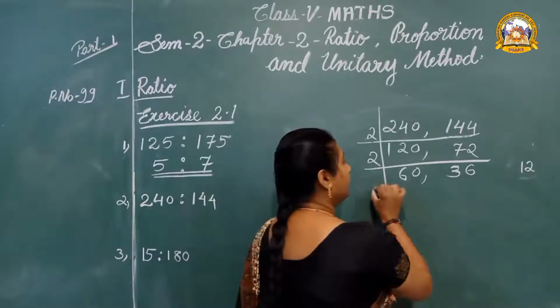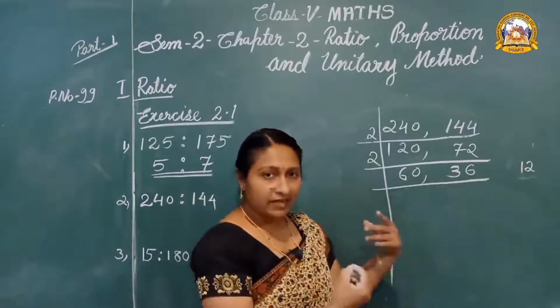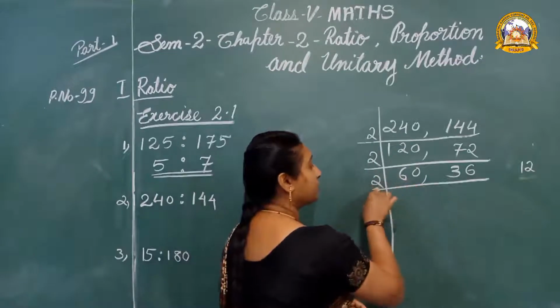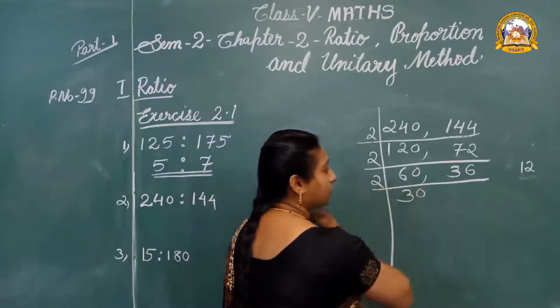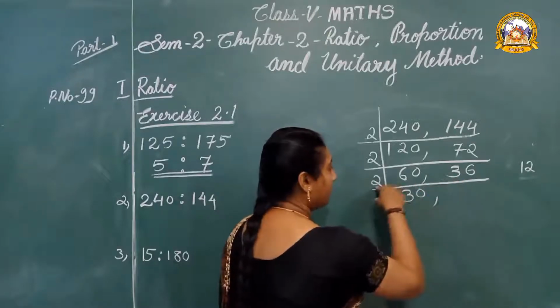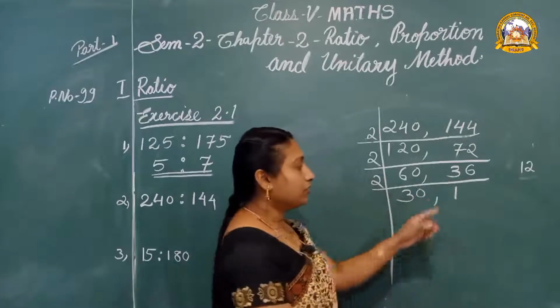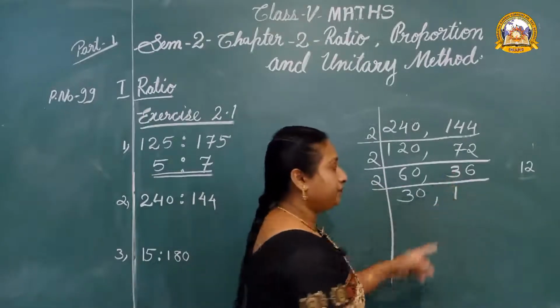So, then again, they are even numbers. Let us divide them by 2. In 6, how many 2s are there? 3 2s are 6. And 0. Then in 3, how many 2s are there? 1 2. 2 1s are 2. Then what is the remainder? 3 minus 2, 1.